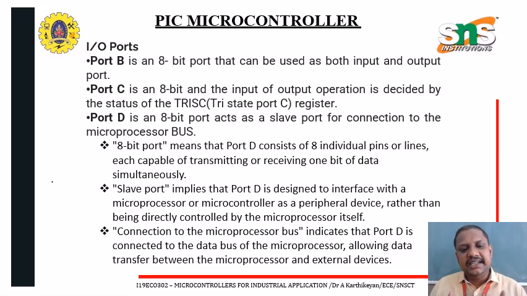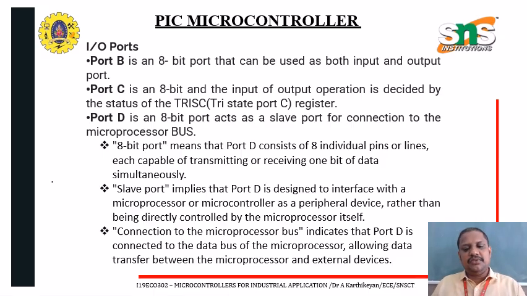And port D mainly acts as a slave port, connected to the microcontroller bus, so it acts as both slave and master. Port D is an 8-bit port with 8 individual pins or lines. The pins and lines can transfer simultaneously, because it is full duplex.